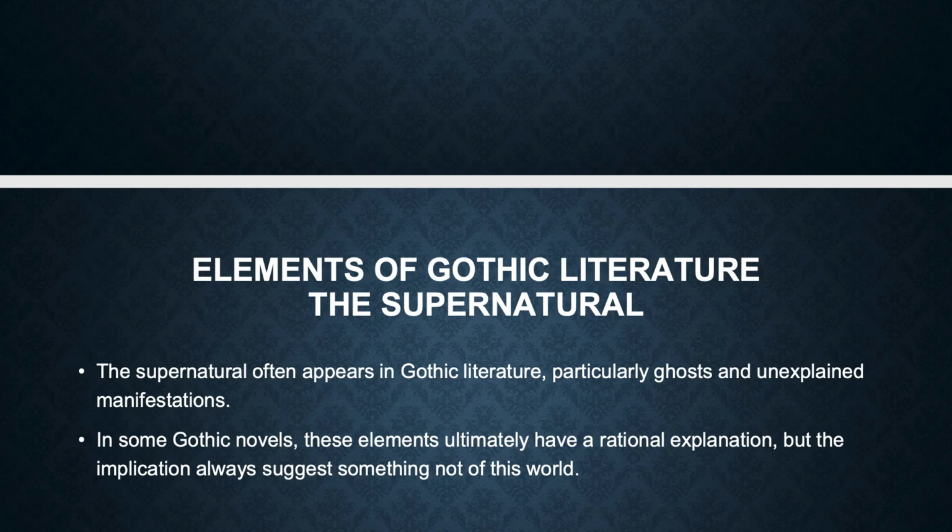The supernatural. So the supernatural appears a lot in Gothic literature, and so sometimes it's ghosts and unexplained manifestations. But really, typically with Poe, there's maybe the suggestion of the supernatural in some stories, like a ghost that has a logical explanation later.